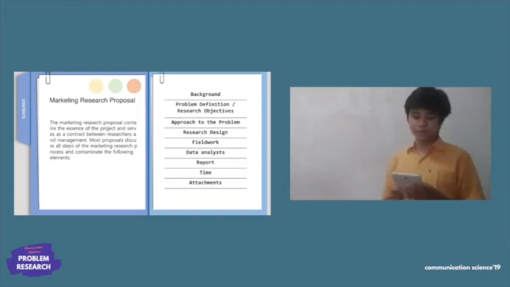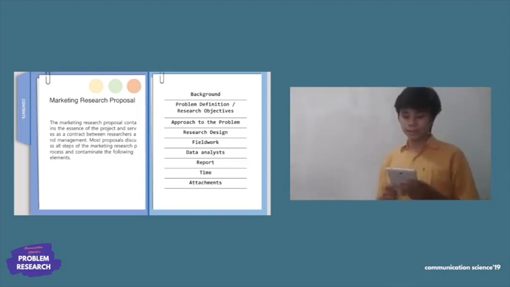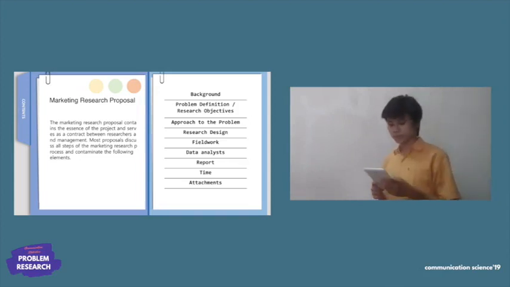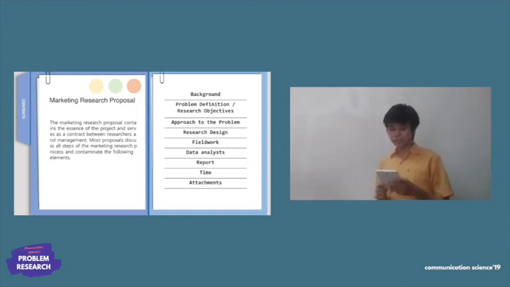Fifth, research design. Information should be given on the following components. First, the type of information to be obtained. Second, the method of administering the questionnaire: letter, telephone, personal, or electronic interview, and many more. Third, scaling technique. Fourth, the nature of the questionnaire.